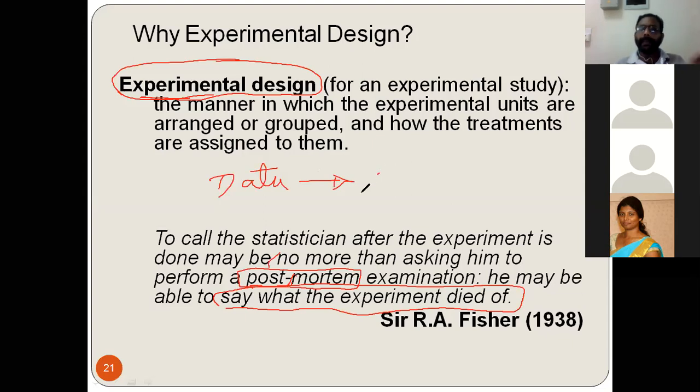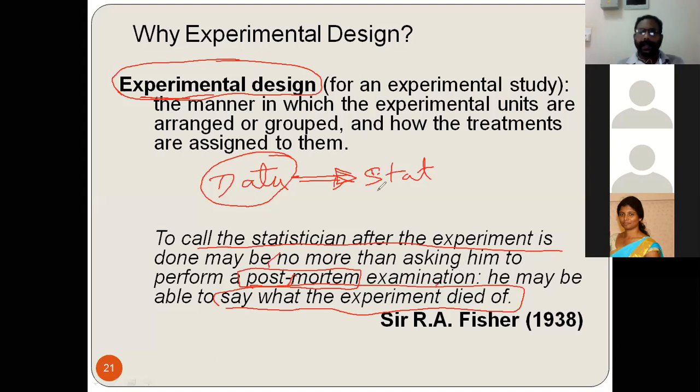Because you have not obtained the proper way of getting the data. So to call the statistician after the experiment, giving him only the data after collecting it, is no more than asking him to perform a post-mortem examination.